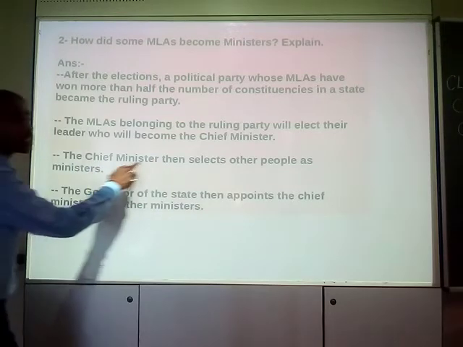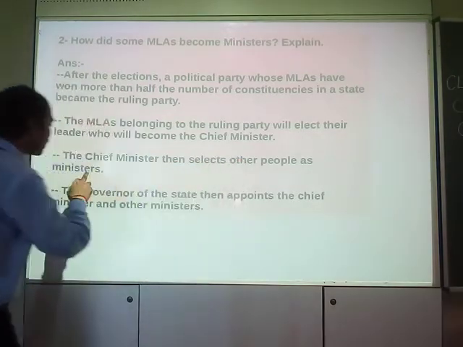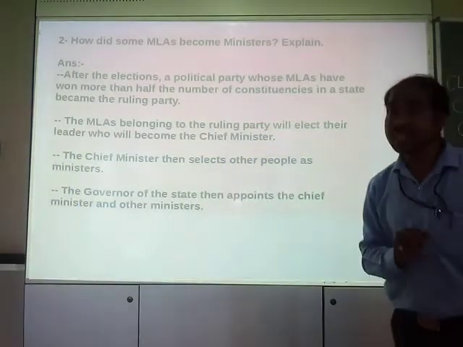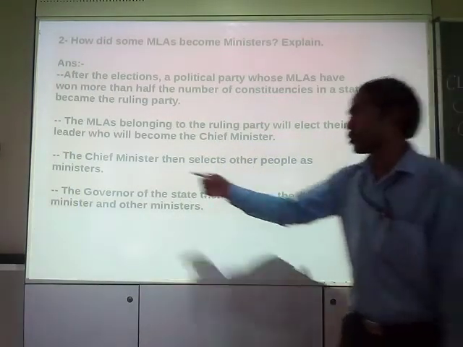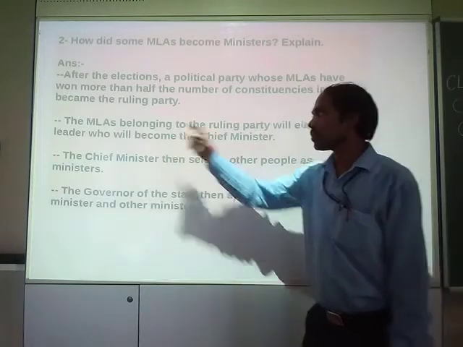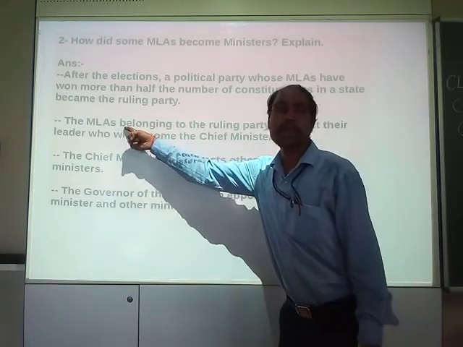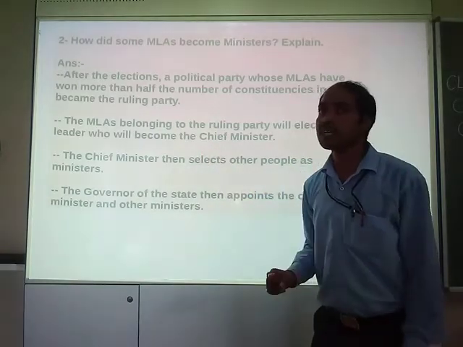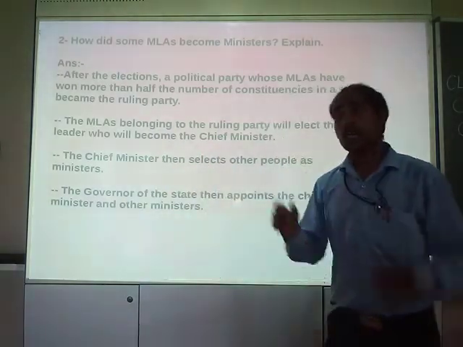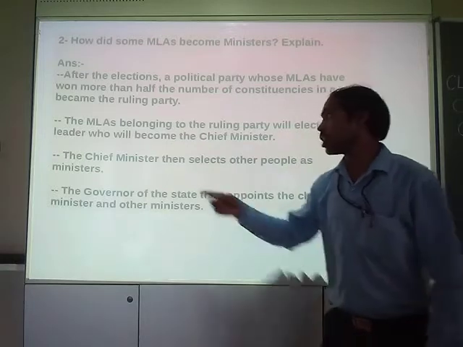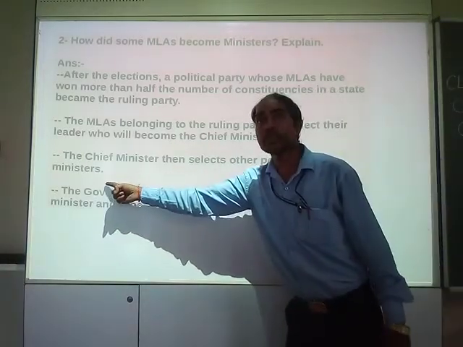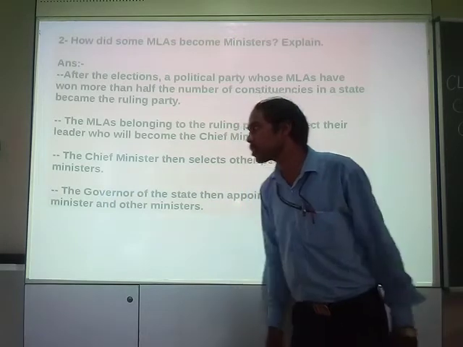Now Chief Minister then selects other people as ministers, who are Council of Ministers. Okay, so when you become MLA, you choose a leader who will become the Chief Minister. This Chief Minister now selects some of the ministers who will become the members of Council of Ministers, right?